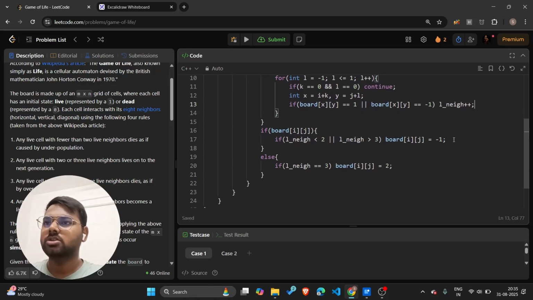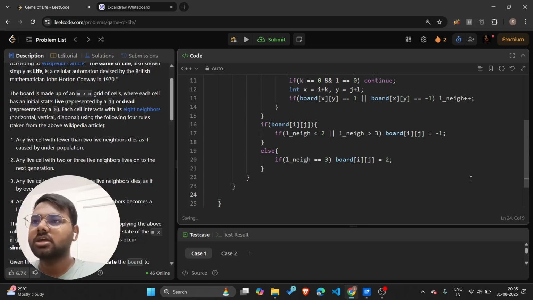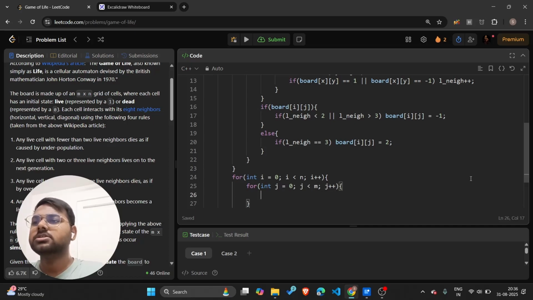Now we just need to traverse it again, and if there is a -1, then we are going to replace it with 0, and if it is 2, then we are going to make it 1, as we need 0 for the dead and 1 for the living. Almost done.